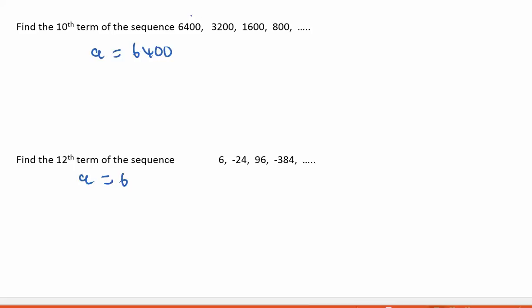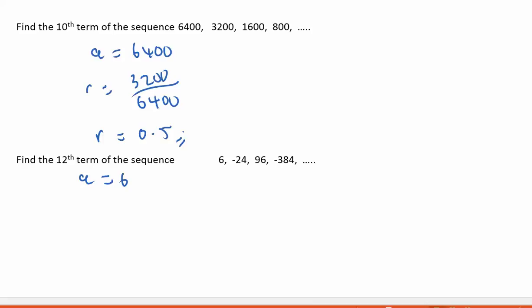Working through the next couple, we'll do those algebraically. First term, 6,400, and you should be able to see the second term divided by the first is 0.5. Now we'll stick to using decimals in this subject and not make use of fractions.